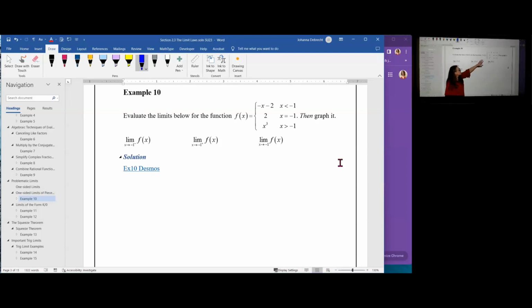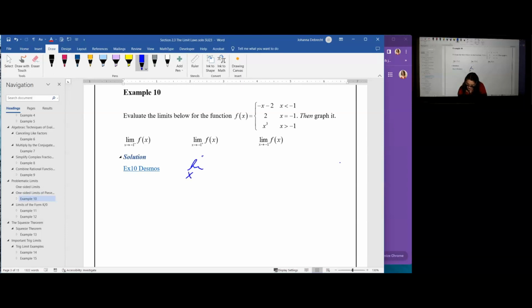Now, if you're looking at this from the left, you're looking at it from values of x that are less than -1. So you must use the function -x minus 2. So when we evaluate that limit, that's the one we have to use.